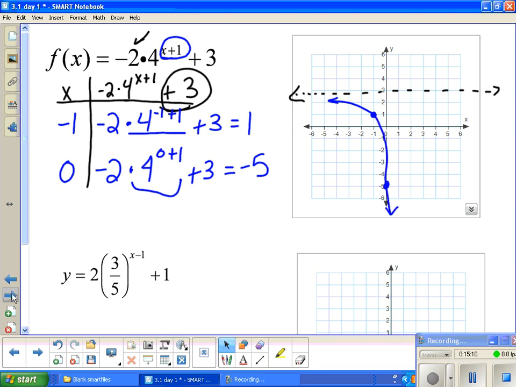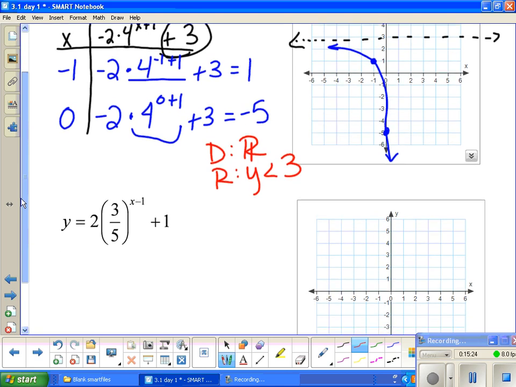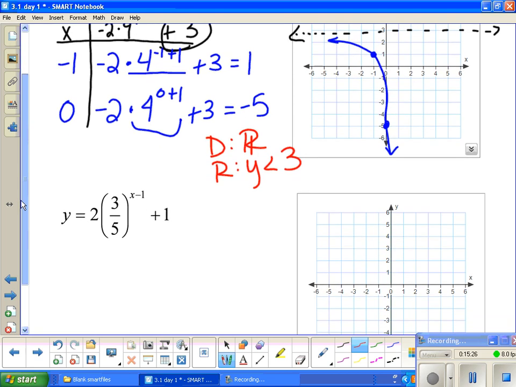So let's talk about the domain. Again, I can put in any x value, but my range this time is below that asymptote, so my y is less than that positive 3. All my y values are below that asymptote. All right, let's do one more.